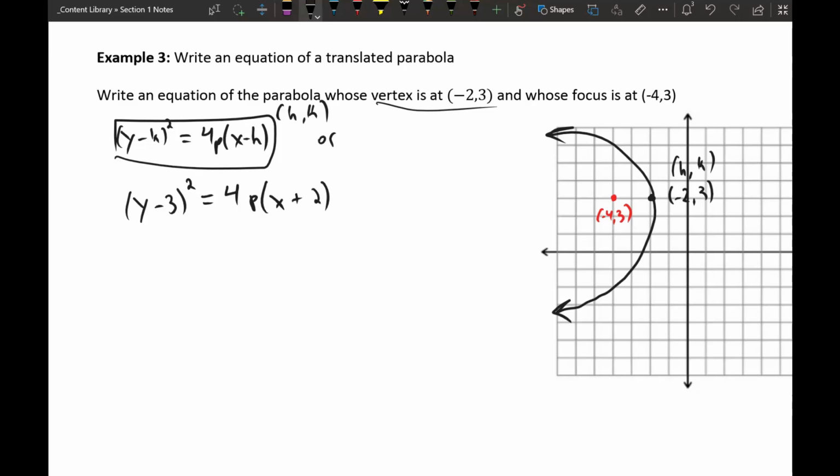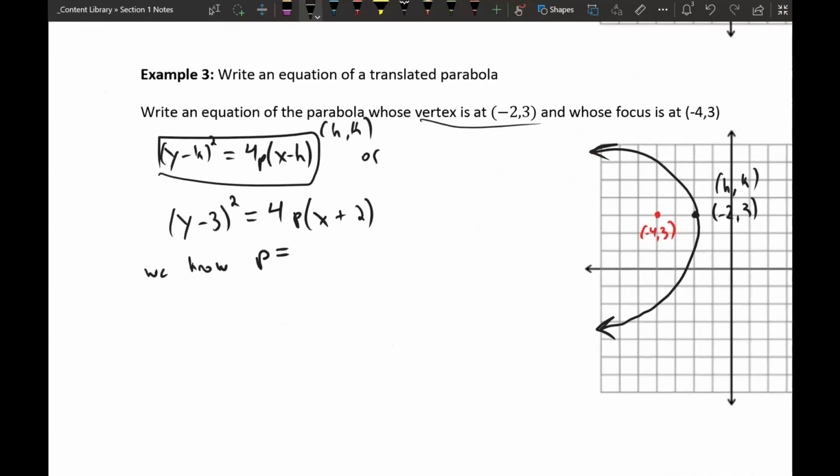Okay, I'm going to make a mistake here, and in the top right corner I'm going to write or, and then I'm going to show you how to find the p-value, but that only applies for the standard form of the equation. Ignore that. Finding the p-value is essentially just finding the distance from that center point to the focus. In that case, the distance is 2, so it could be plus or minus 2. Since it's to the left, we'll eventually conclude that it should be -2.